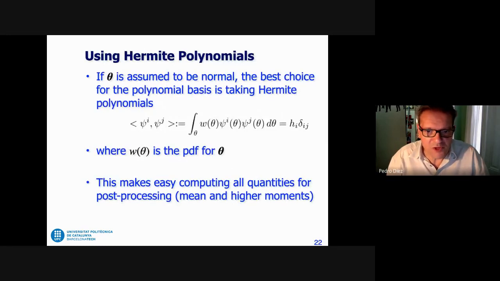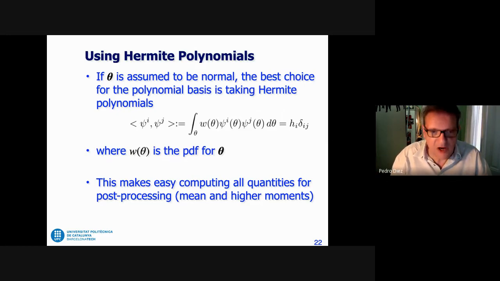These Hermite polynomials that I mentioned before are the ones that allow you to represent in an optimal fashion the dependence of this type of functions, because they are orthonormal with respect to a weighting function W, which is precisely the Gaussian bell corresponding to the normal distribution.